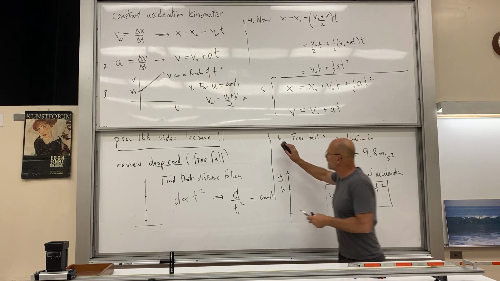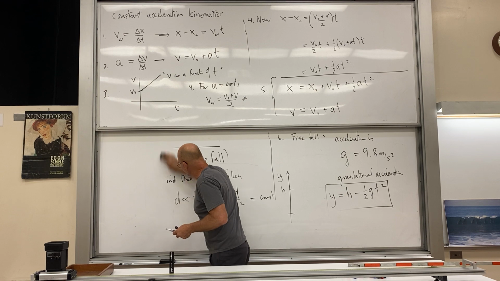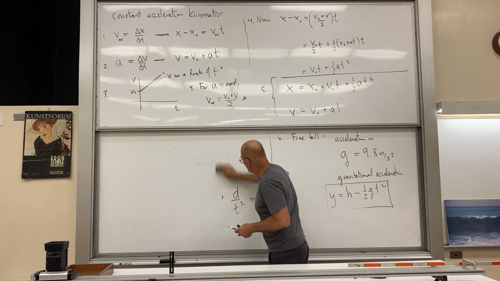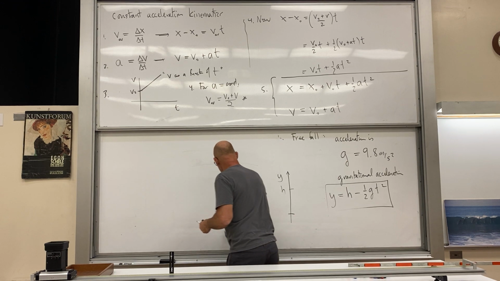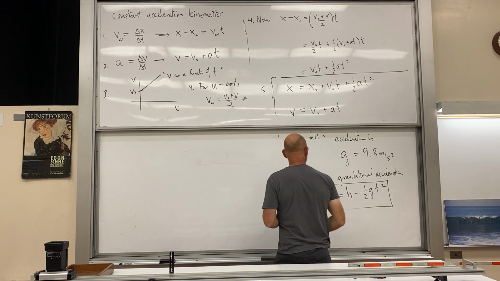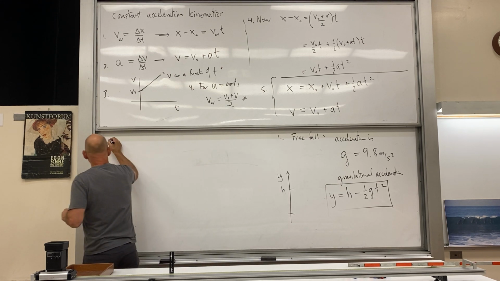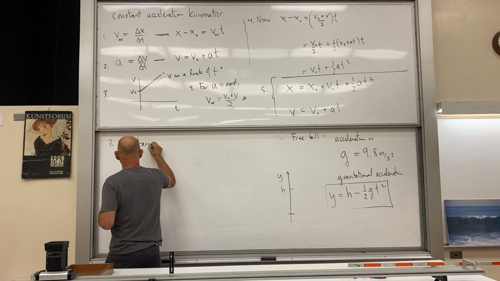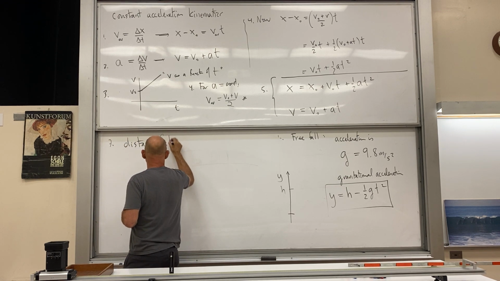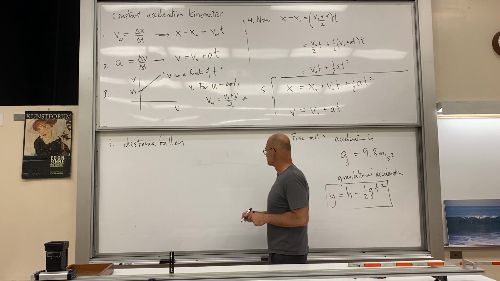So I'm going to make a little table of values for you guys. That's the important quantity there. Let's call this distance fallen, when we release an object from rest.